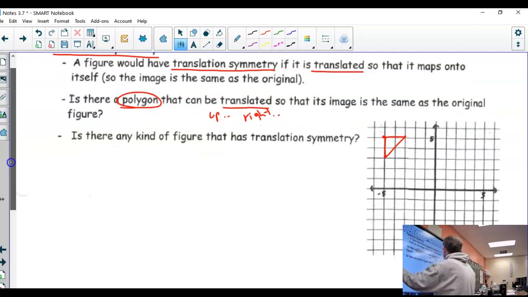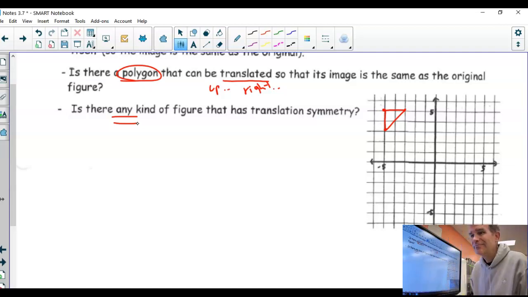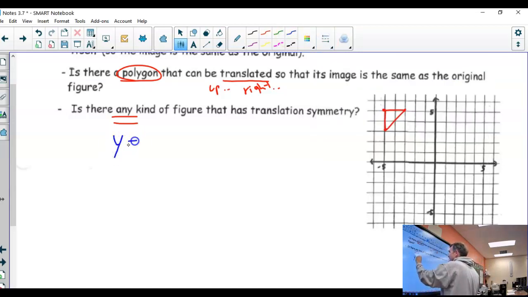One more here. Is there any kind of figure that you can move and it ends up being in the same place? Well, yes, there is. You didn't expect that, did you? How about try this? Let's graph a line.